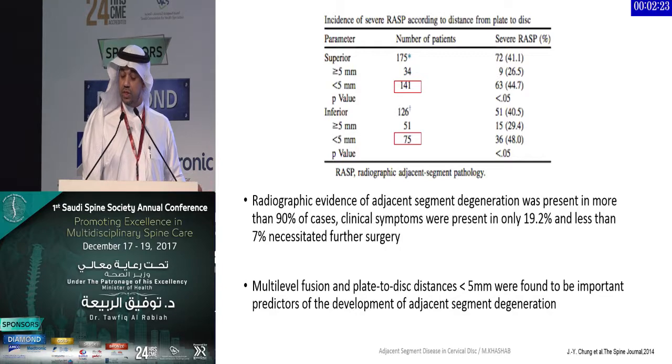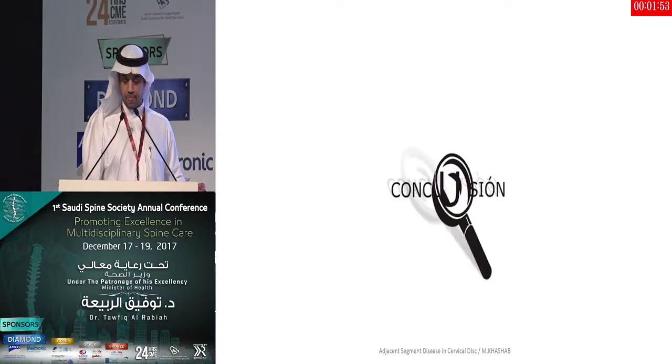Radiographic evidence of adjacent segment disease was present in 90% of the cases, but clinical symptoms were only present in about 19 patients, and less than 7% needed further surgery. They concluded that multi-level fusion and a plate-to-disc distance of less than 5 millimeters were more important predictors for developing adjacent segment disease.